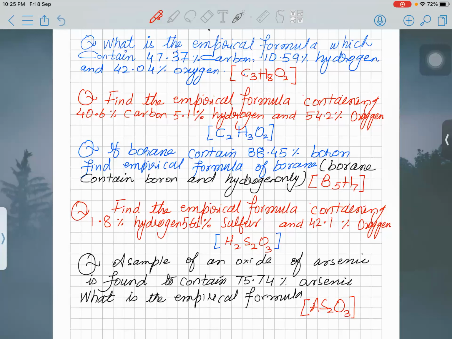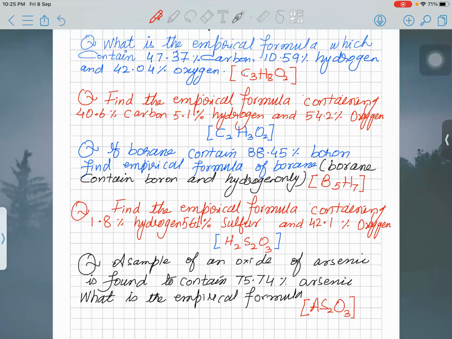Then I multiplied by 2 and got 16 to 23 for boron to hydrogen. Okay, try to solve and send on my WhatsApp number. Tomorrow I will show you the working of these questions.